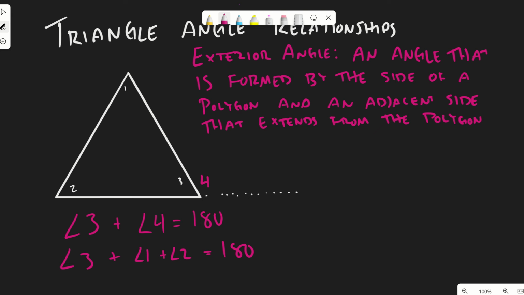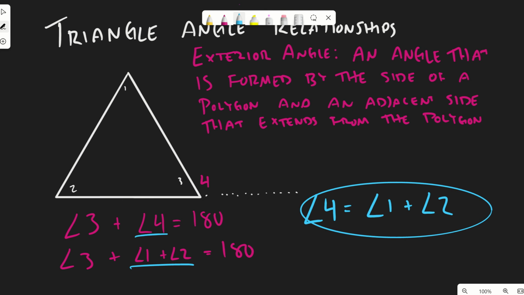So if those things are true, then angle 4 equals angle 1 plus angle 2. They have to, because if angle 3 plus either of those values equals 180, both of these values need to be the same.